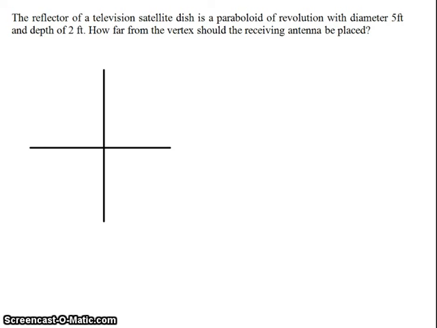We want to place that receiving antenna at the focus point. And so we have to figure out the p-value based on these dimensions to figure out where to place the focus. Let's go ahead and draw what our parabola looks like in the XY system with these given dimensions.